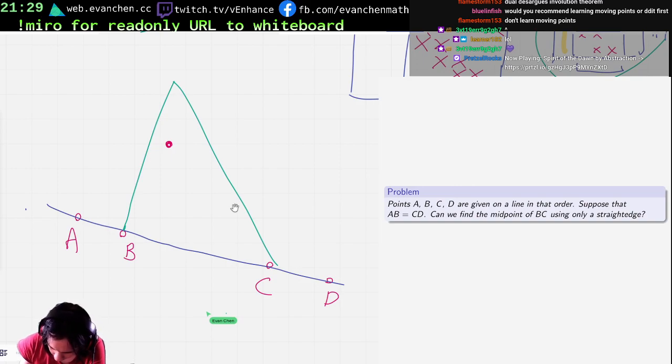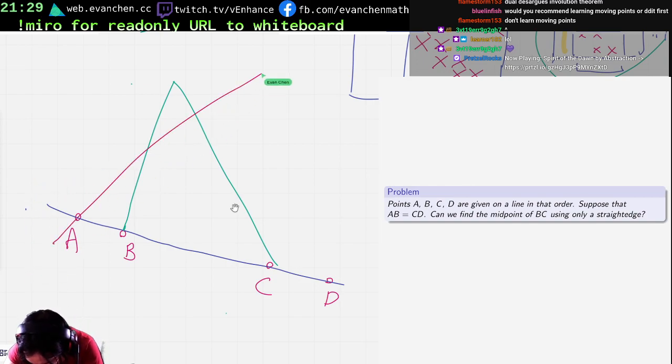I have to start by drawing 3 lines, otherwise it's not possible to actually construct something. Alright, we'll draw the red one first.